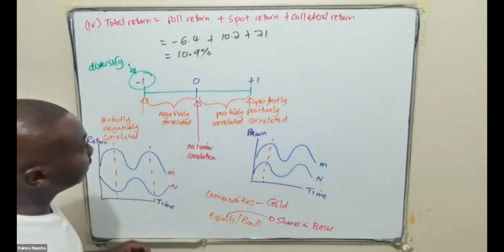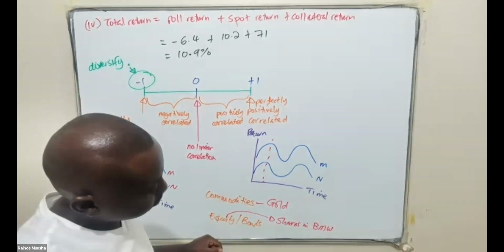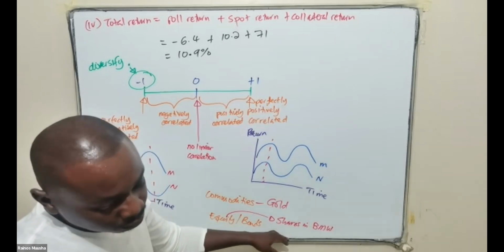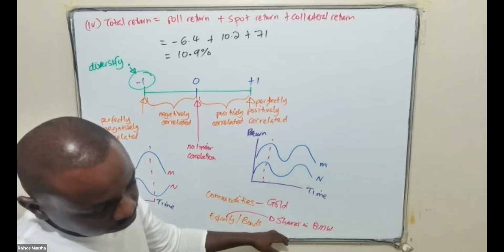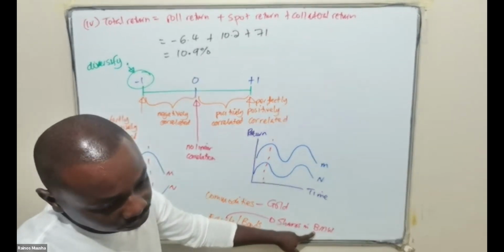What usually happens when the economy is doing well, we see that people are going to be buying a lot of cars. So they're going to be investing more of their money in BMW.